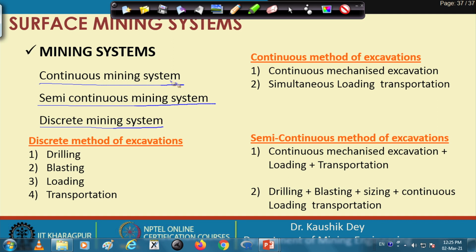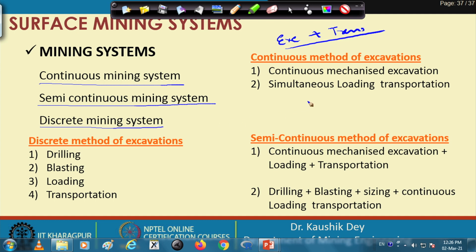So, continuous mining system is basically a mining system where continuous excavation plus continuous transportation is carried out. So, that means the material excavation and material flow is continuous in this system. So, here the mechanization is made in such a way so that the continuous mining can be carried out.